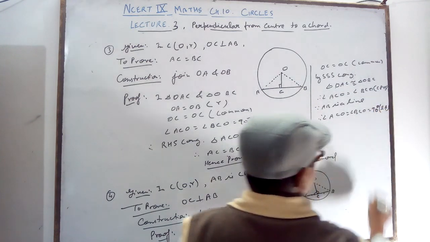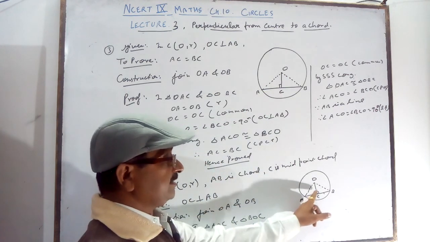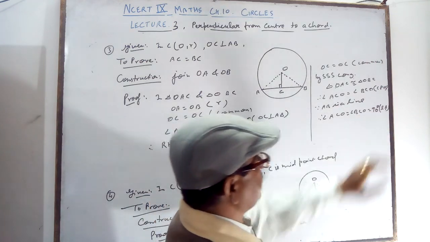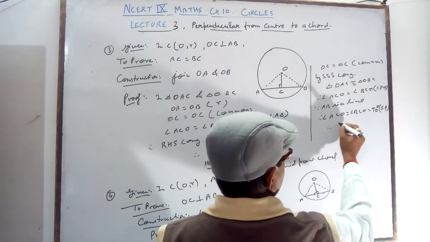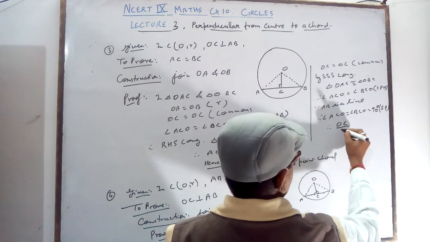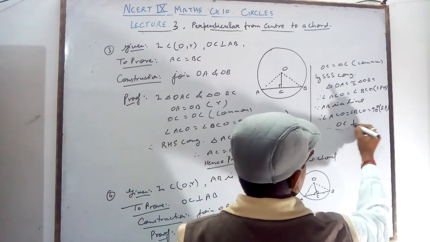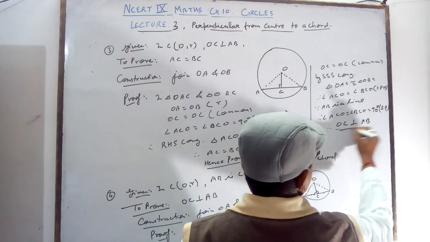Why linear pair? If the sum of the two angles is 180, they form a linear pair. Both are equal, so each will be 90 degrees. So OC is perpendicular to AB. Hence proved.